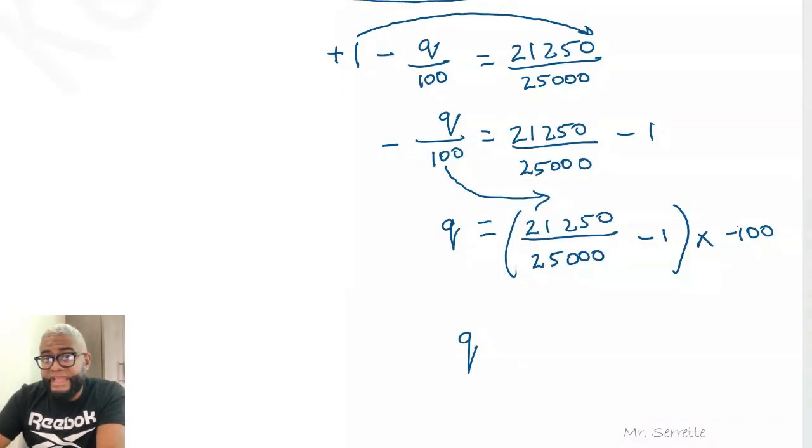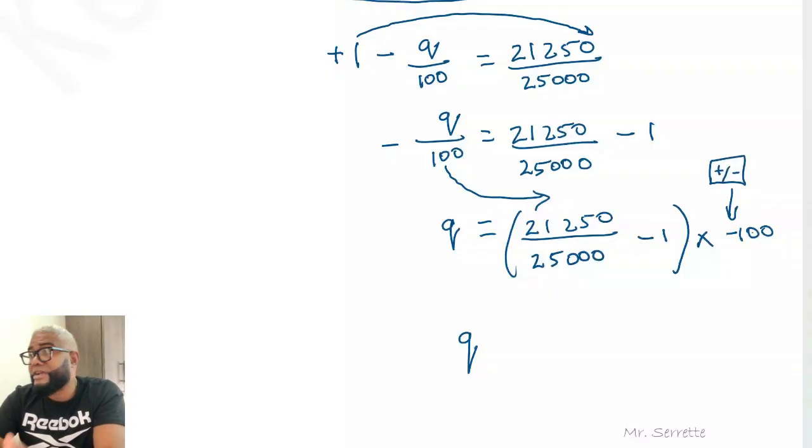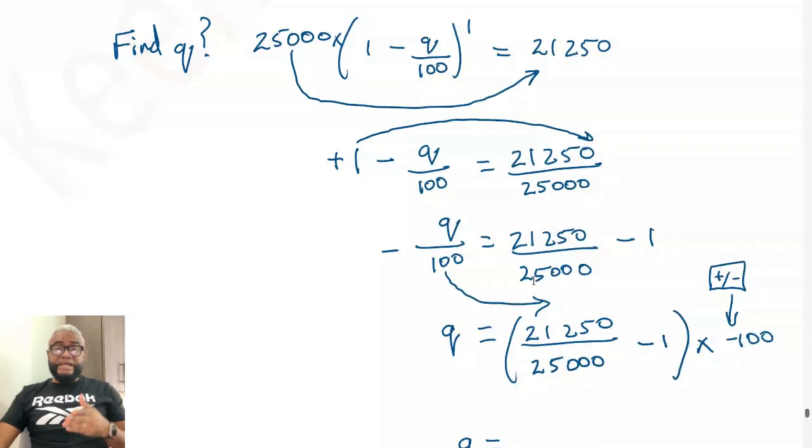Use your brackets for this. For this negative here, this is not just minus. You have to press the plus or minus button to get this negative 100, otherwise you'll get an error if you press the minus button. So that's how much percent Q is. This is algebra. This is a good little introduction to what we're going to do next. This is the hard stuff.